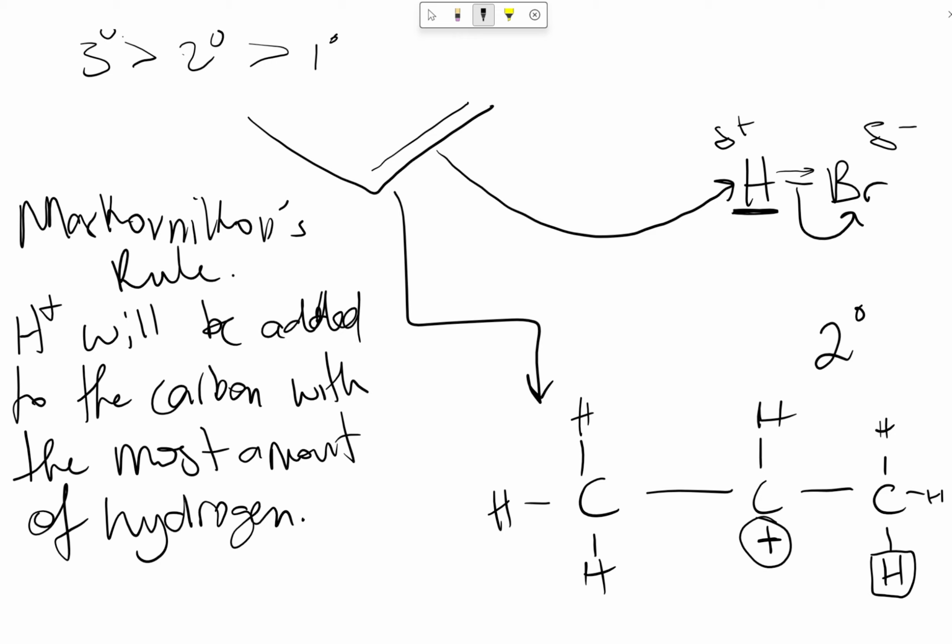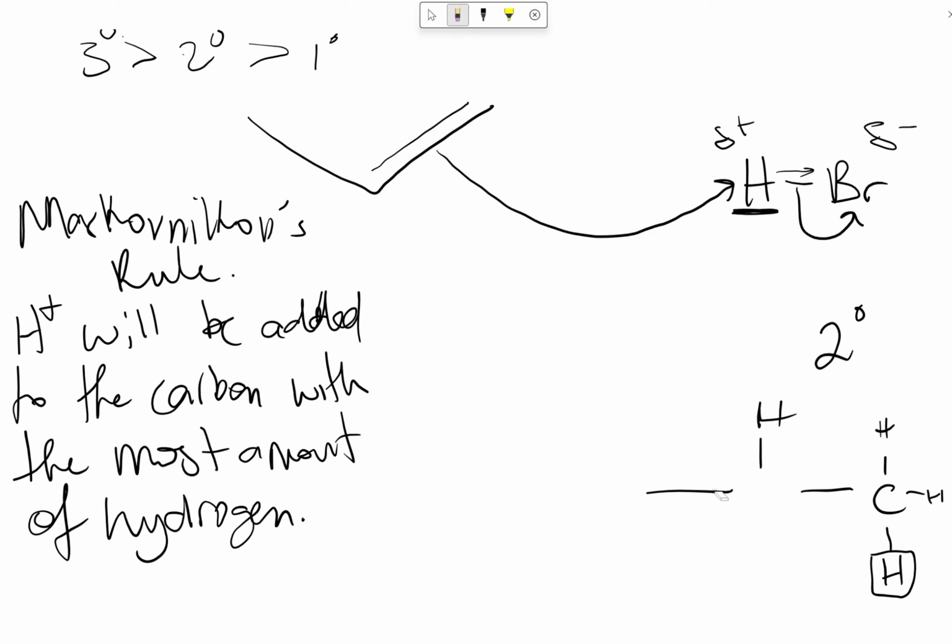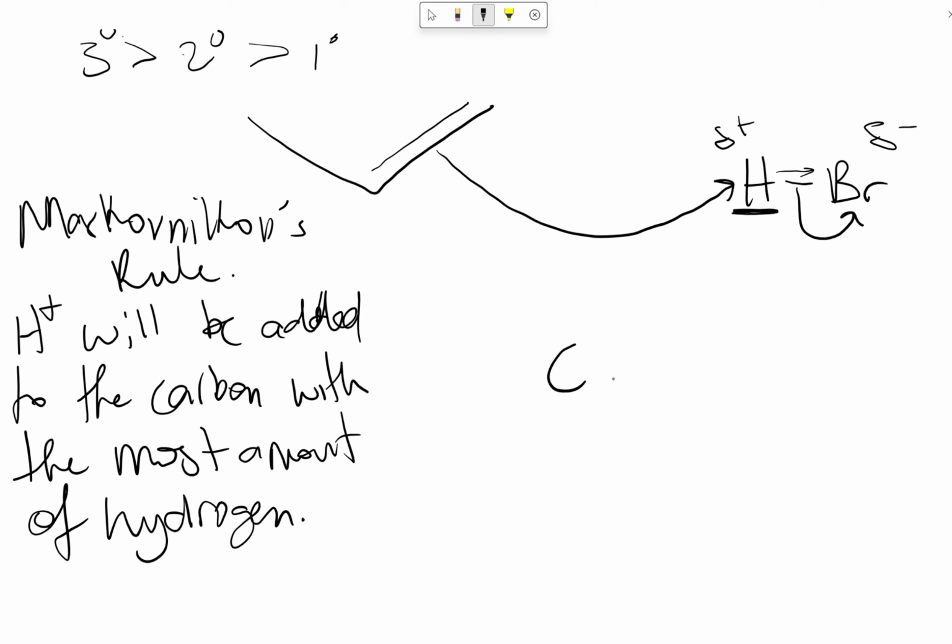Now, what will happen now? Let me just erase this to show what will now happen. Since we know that there's going to be a positive charge here, the bromide ion is going to remain here, negative.